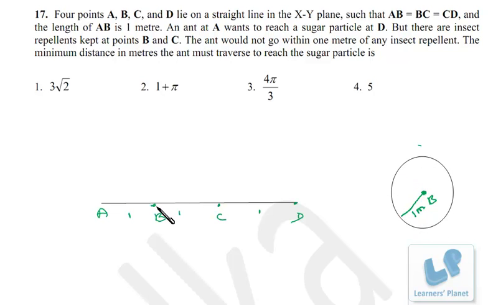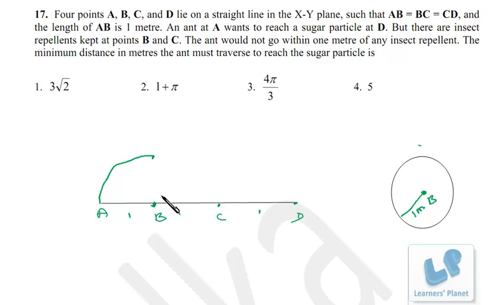So similarly, this length is 1, so AB can act as the radius of the circle, and it can move like this up to here. After that, she cannot travel on the circular path or circumference of the circle, because if she travels on the circular path, then she'll be getting closer to point C, and there also an insect repellent is there, right?